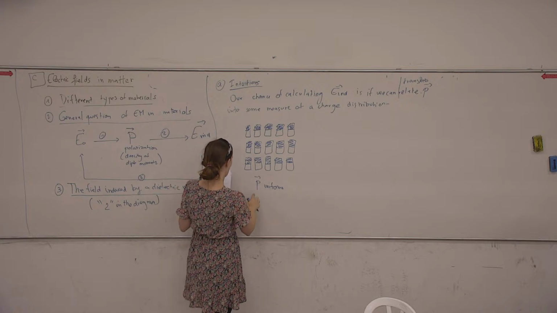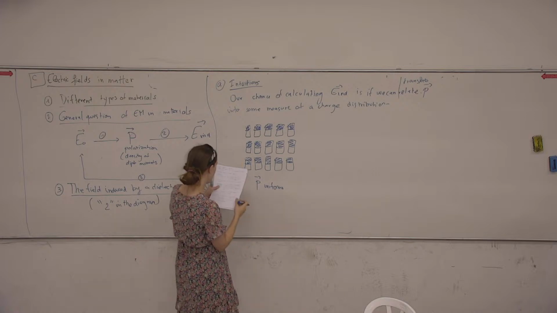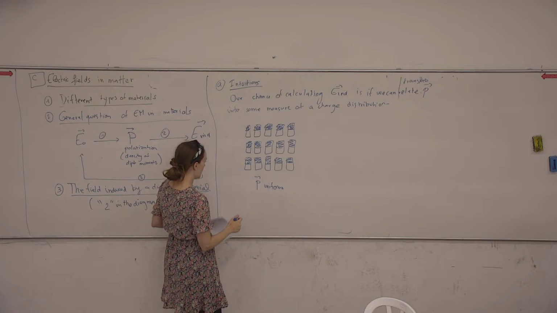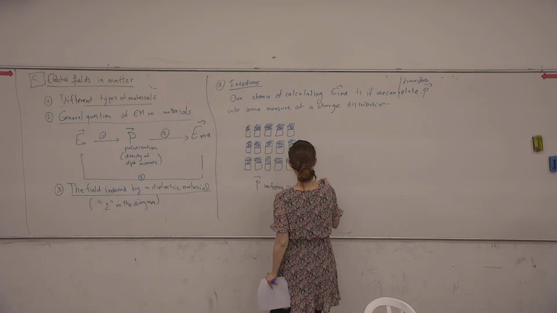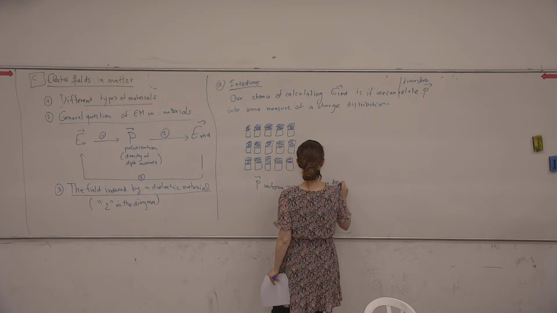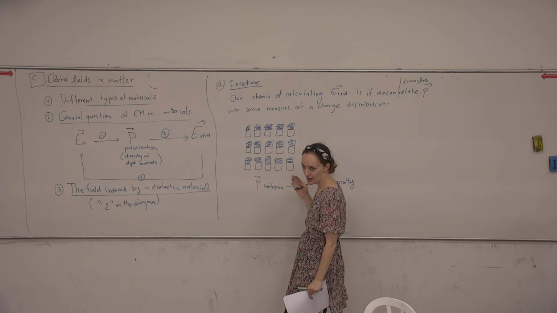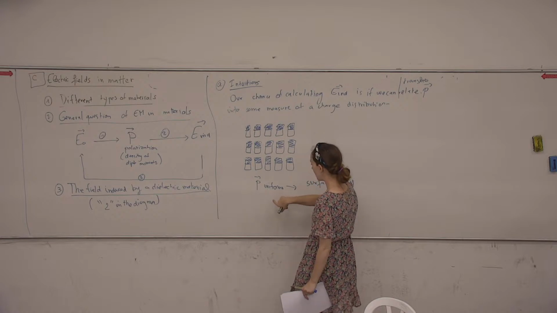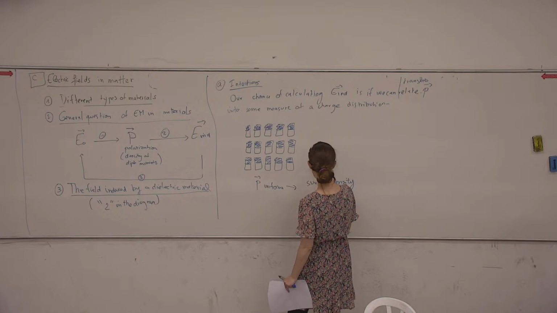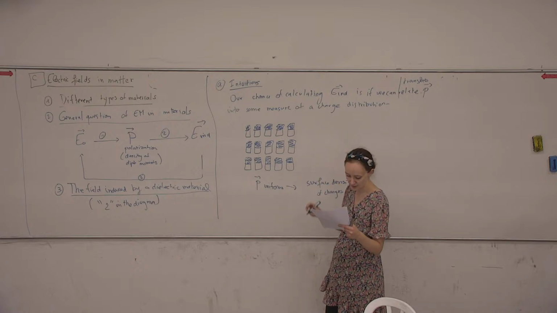The pluses and the minuses will cancel everywhere except at the surface, and so this will lead to a surface density. I will derive it formally after the break, but this is the intuition. So a uniform polarization will result in a surface density of charges at the 2 extremities.